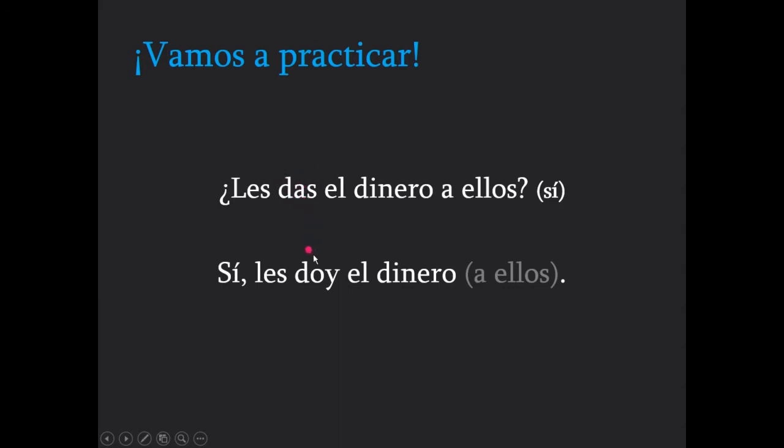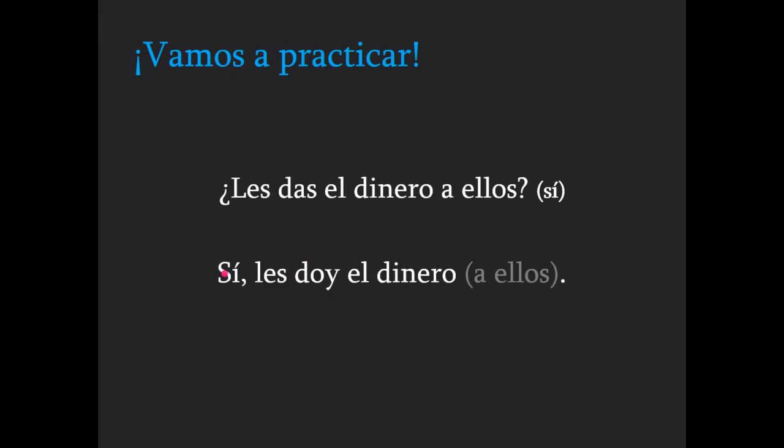Das. When you answer, you have to say, yes, I'm giving. So notice in this sentence, the verb changed from das to doy. Are you giving them the money? Yes, I'm giving. But our indirect object pronoun did not change because we're still talking about them in the answer. Okay, so the only thing you had to change in this answer was the verb. So let's practice it. ¿Les das el dinero a ellos?